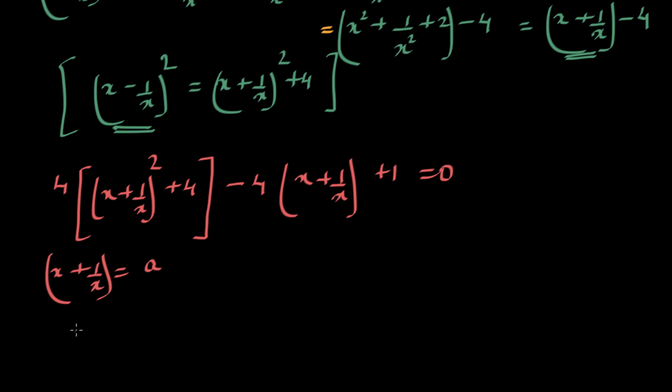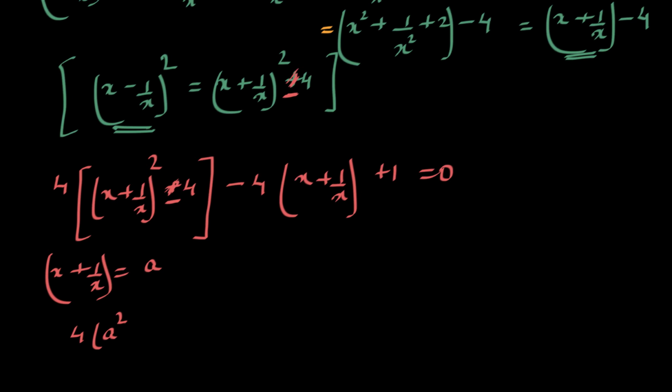So now my equation becomes 4 into a square plus 4. Is this plus 4 or minus 4? No, no, no, we made a mistake here. This is minus 4. See, we got a minus 4 here. So this is minus 4. I'll just erase it so that it won't cause any confusion.